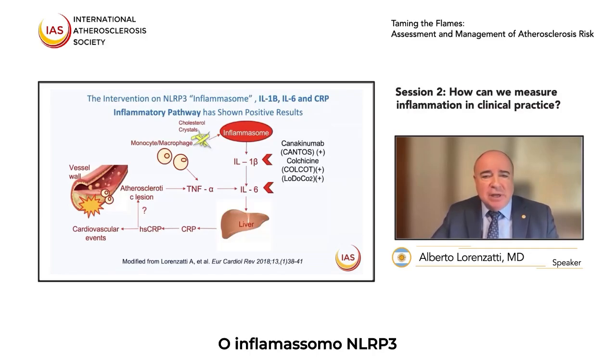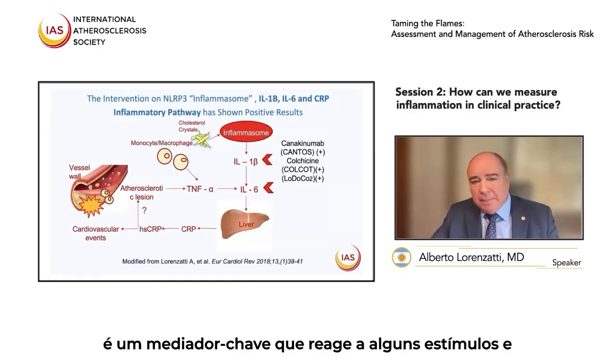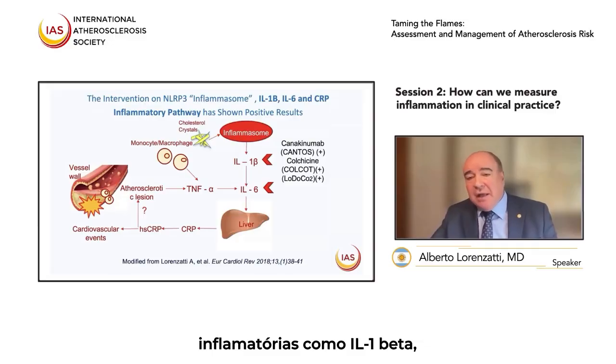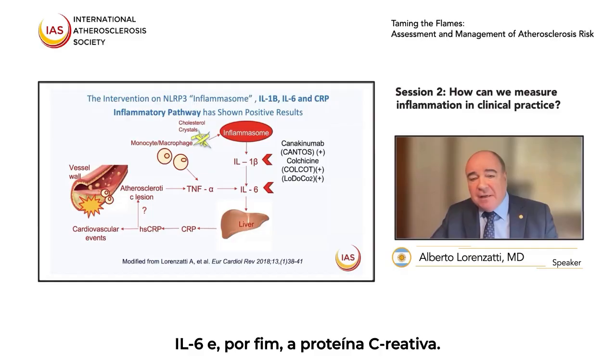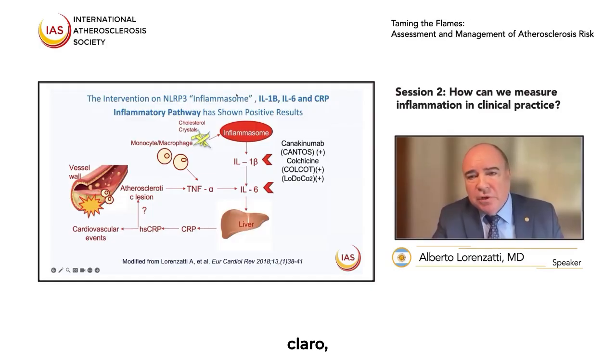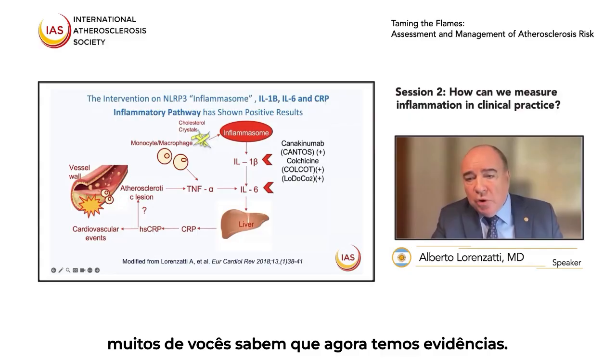The inflammasome NLRP3 is a key mediator that reacts to some stimulus, releasing inflammatory cytokines like IL-1 beta, IL-6, and finally C-reactive protein. But the good thing, that of course many of you know, is that we now have evidence.